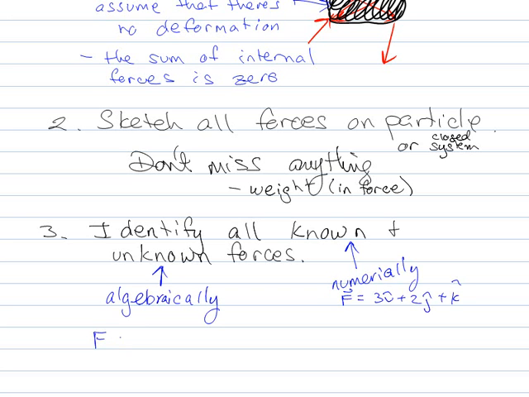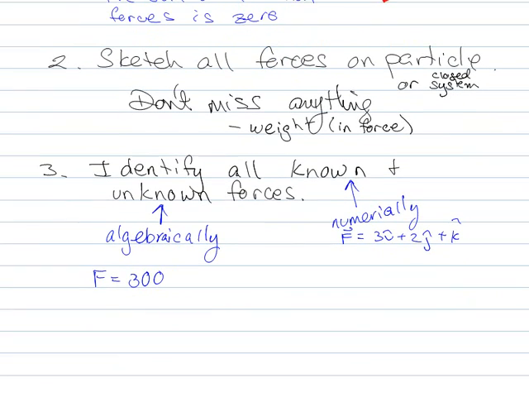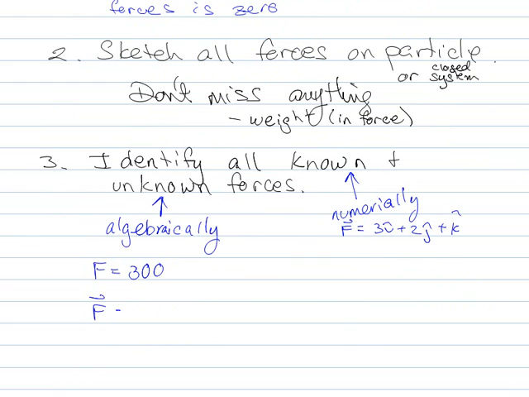So say you know its magnitude, but you don't know its direction, don't be afraid to go in and say, okay, so it's 300 times some cosine alpha, i hat, or 300 cosine, try this again, whatever, k hat, whatever you need to make it work.